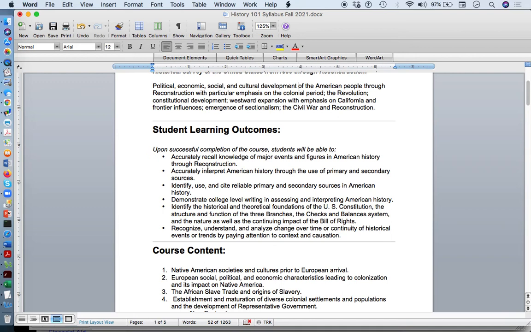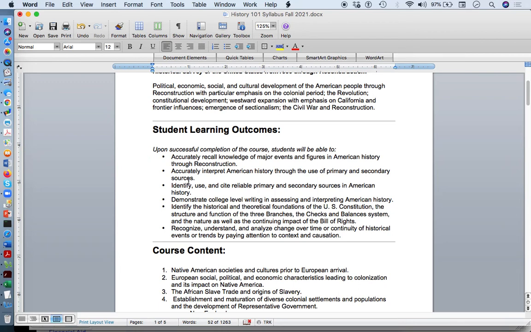This is not to say that this course is about memorizing dates and people, but you do need to be able to recall major events and historical figures in order to understand the broader context of American history. And you will see major events and historical figures in your assignments, quizzes, and so forth.